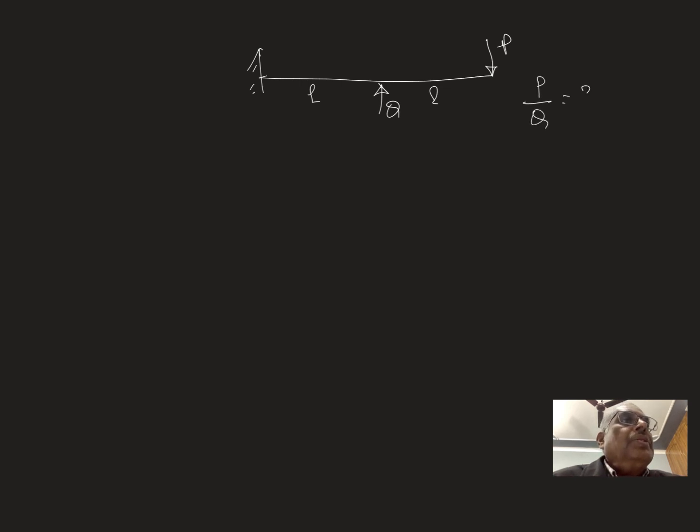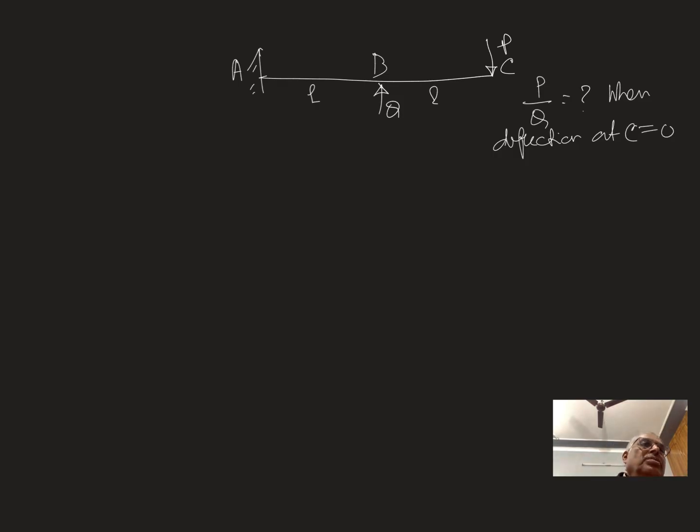Very important. Suppose this is the beam and there will be load P, and here the load is Q, with lengths L and L. So your problem is, what is the value of P by Q when the deflection at C is 0?